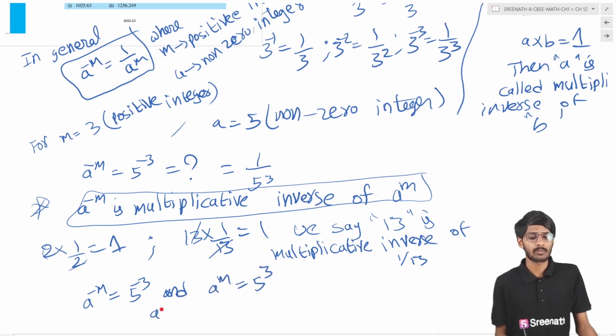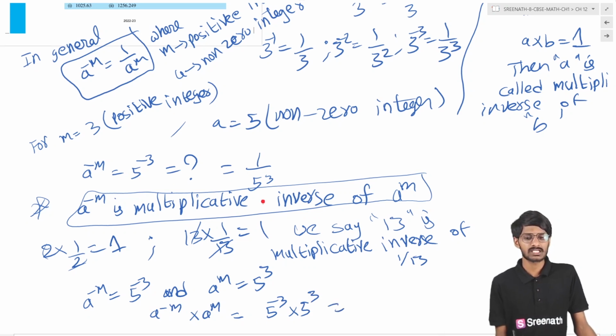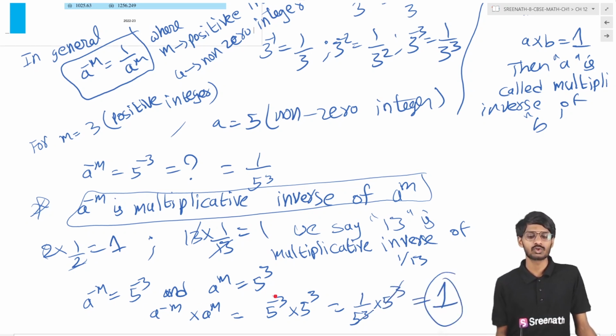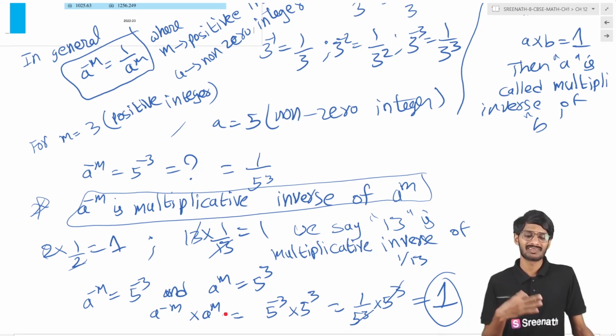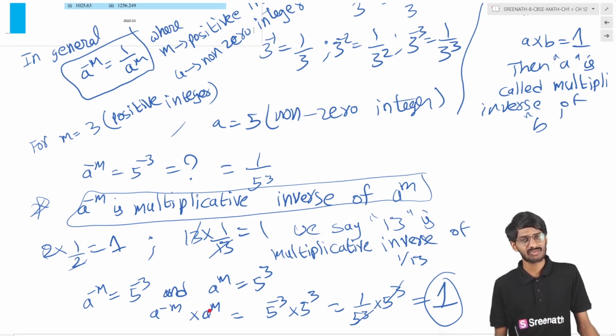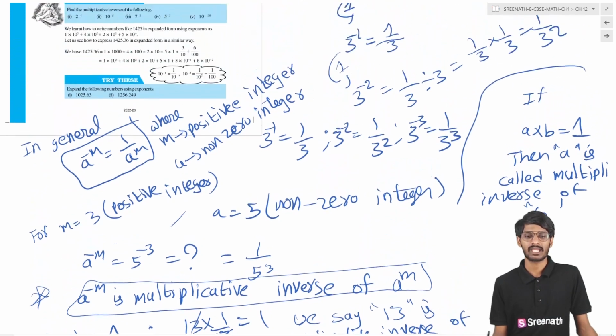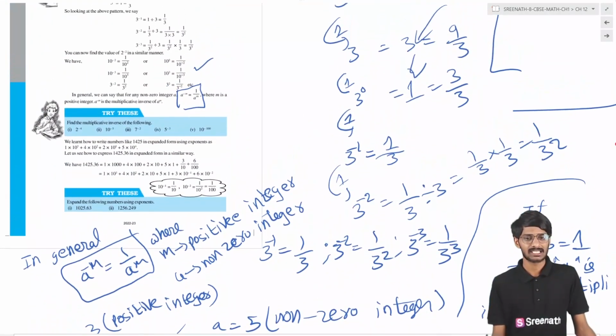Then a power minus m into a power m is equal to 5 power minus 3 into 5 power 3. We know 5 power minus 3 is 1 by 5 cube. So 1 by 5 cube into 5 cube, the 5 cubes cancel, and the answer is 1. So whenever the answer is 1, those two terms are called multiplicative inverses. So a power minus m is the multiplicative inverse of a power m, students. Can you understand it?